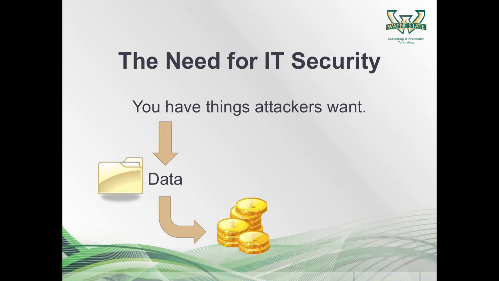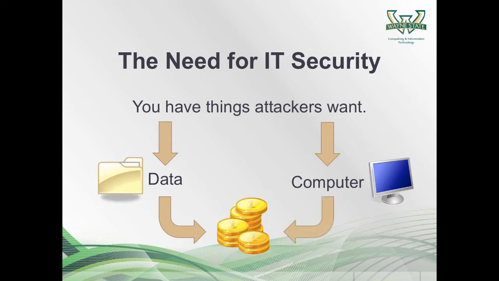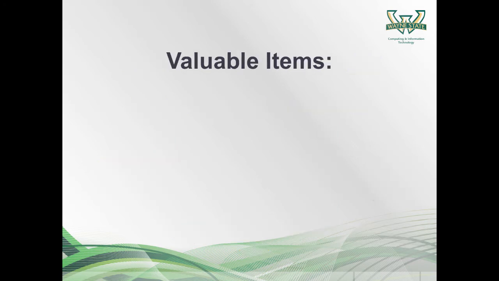And number 2, they want control of your computer so that they can launch additional attacks to try and penetrate even deeper into the organization and get at data that they could not previously. If you think about it, there's actually a treasure trove of information sitting all around you. The university has plenty of valuable things that any attacker would love to have.